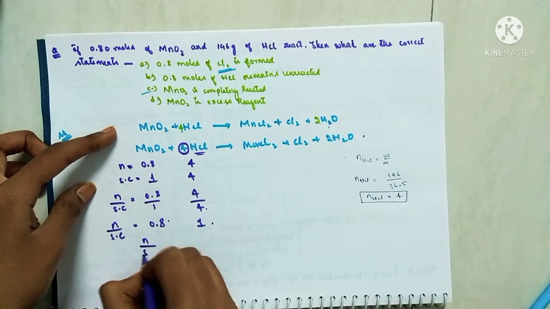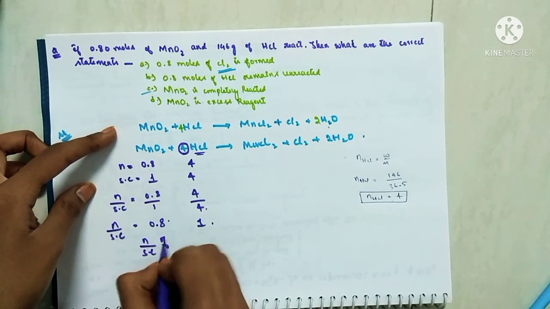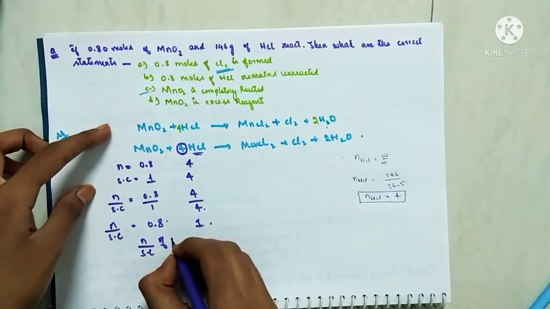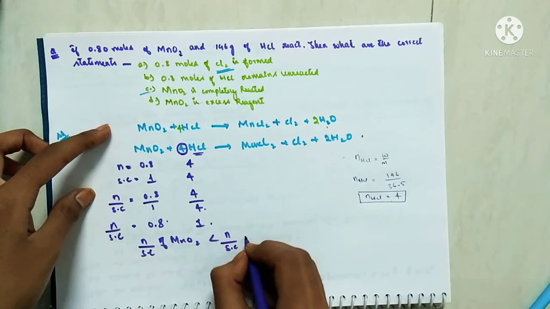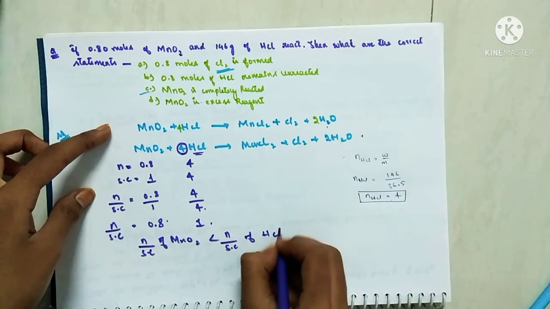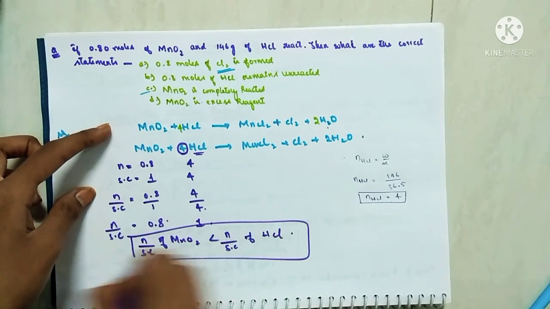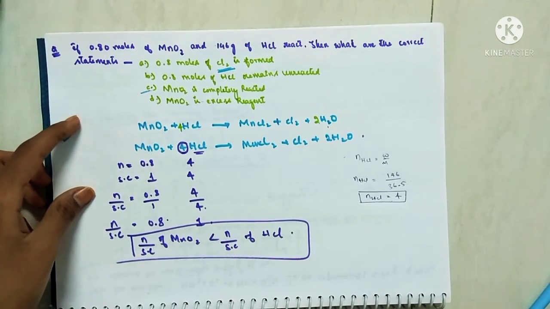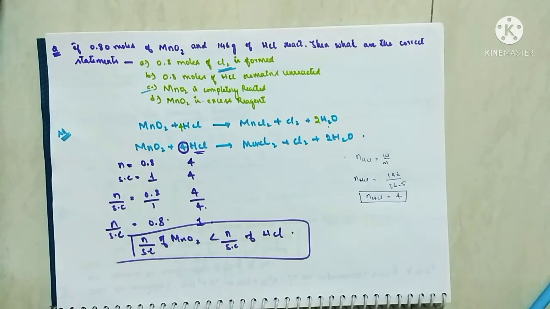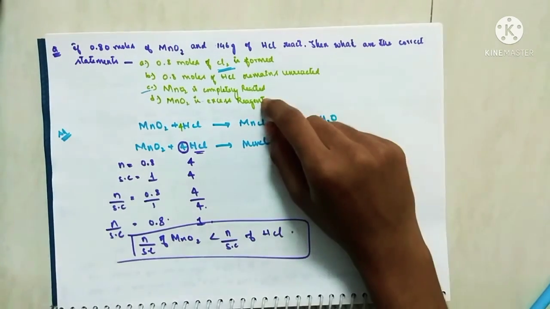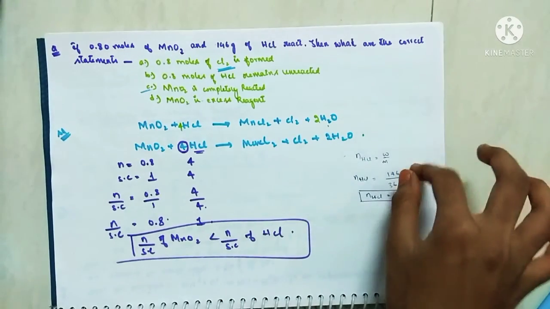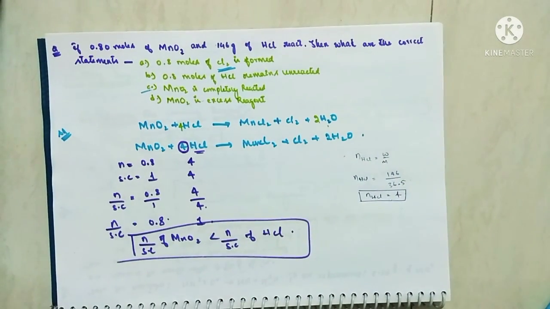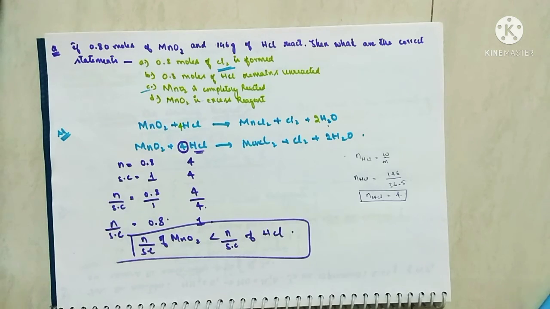So the n by SC value of MnO2 is less than that of HCl, so the limiting reagent is MnO2. They gave the statement that MnO2 is completely reacted, which means it is the limiting reagent, so the statement is correct.